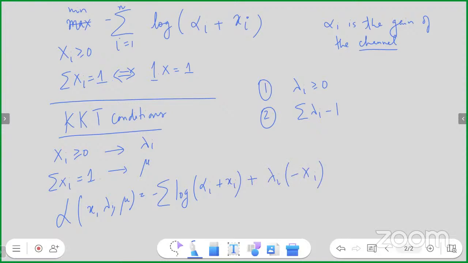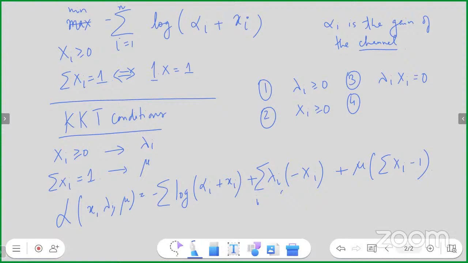That's the one. Be my data. We differentiate this.